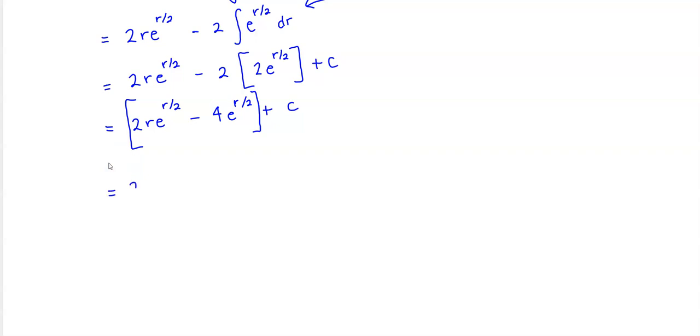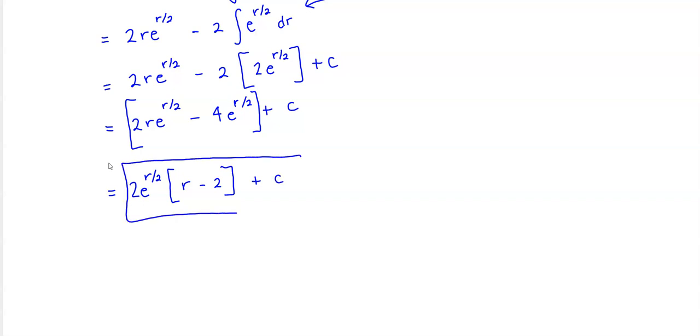So we can factor out a 2 and an e to the r over 2. And then what's left is r minus 2 plus c. And therefore there is our result.